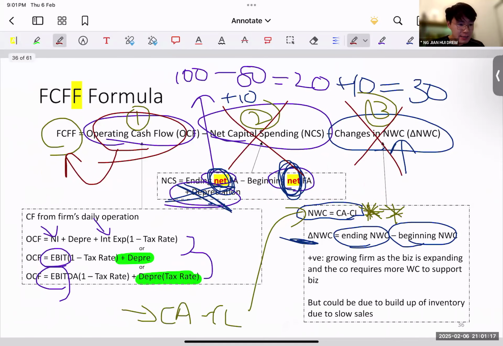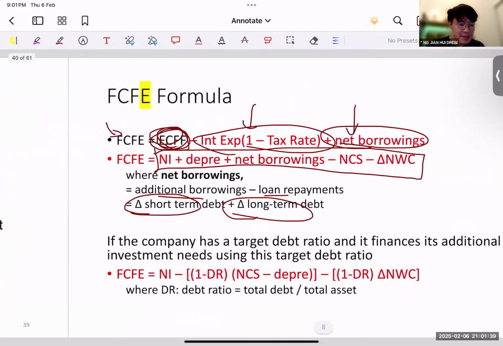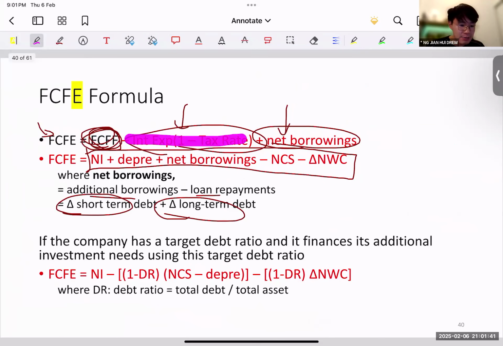Let's try to appreciate this, because part of the FCFF, your OCF, has a net interest expense here, interest expense times one minus tax rate, which is now offset again by this one here. It's being offset by this again, right? So net, what you're left with is this.